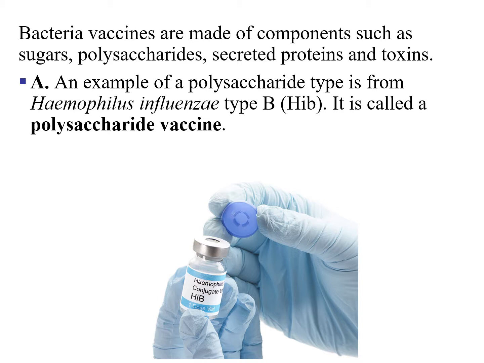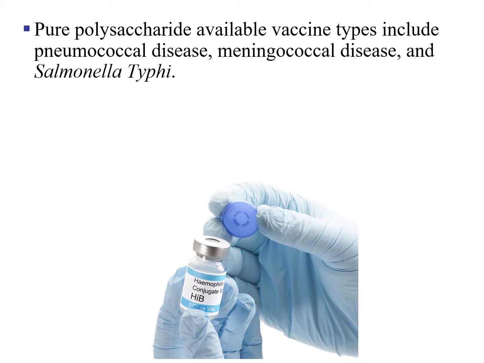An example of a polysaccharide type is Haemophilus influenzae type B. They commonly call it HIB vaccine. This is a polysaccharide vaccine, a subunit of this organism. So Hib is one example of a polysaccharide vaccine.